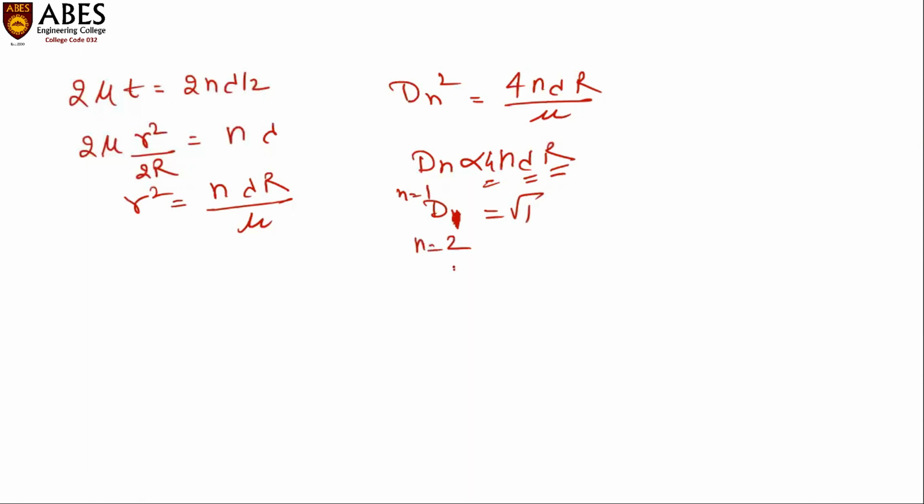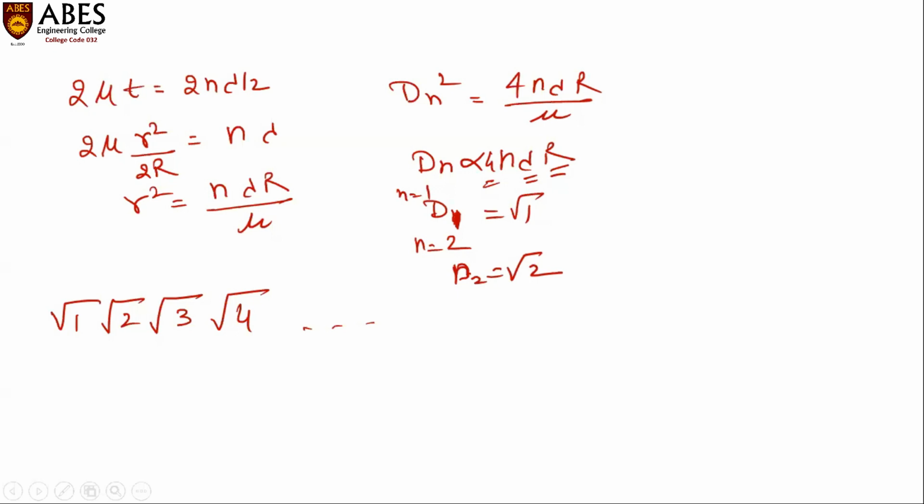If n is equal to 2, D2 is root 2, and so on. Here we have root 1, root 2, root 3, root 4, and so on. So the diameters of the dark rings are proportional to the square root of natural numbers.